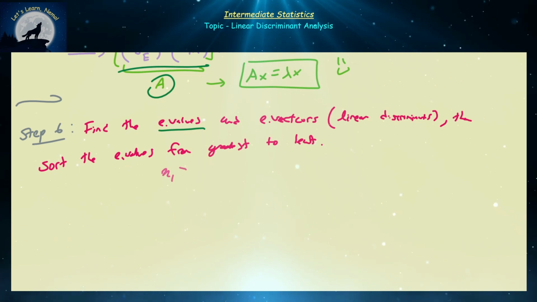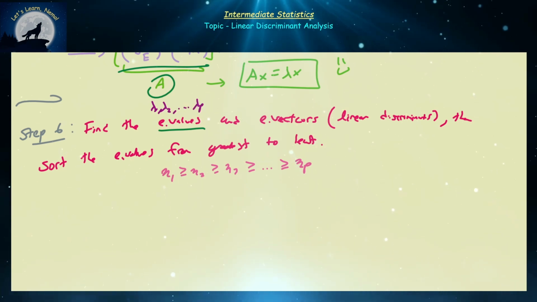So again, eta 1 is greater than or equal to eta 2, greater than or equal to eta 3, all the way down to eta p. Those are generated from eigenvalues lambda 1, lambda 2 down to lambda p, but now they're sorted. They have associated eigenvectors, which we'll call v1, v2, v3 down to vp.